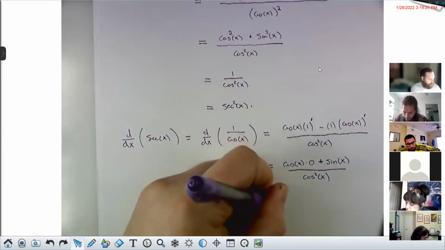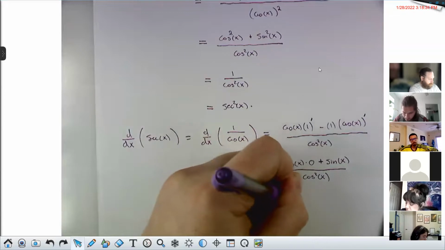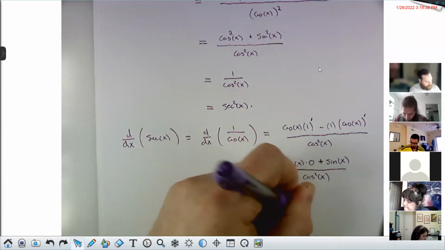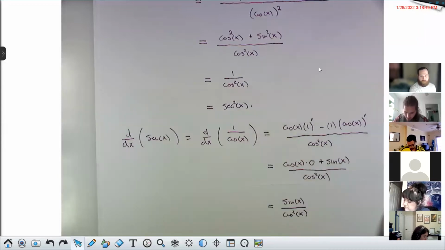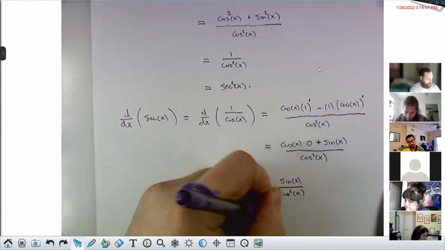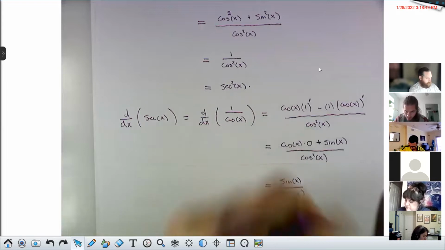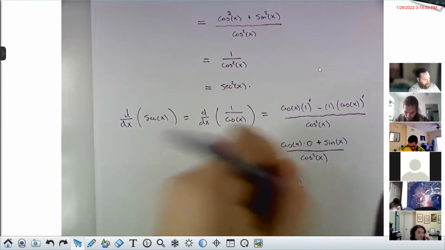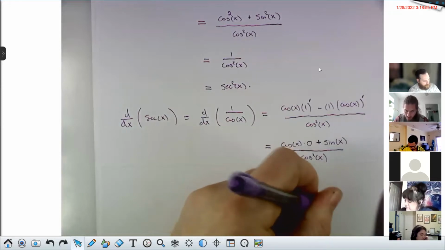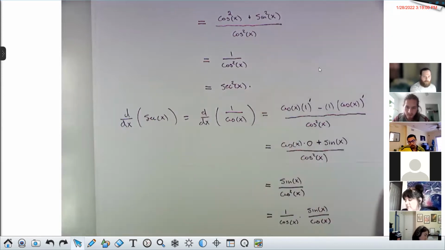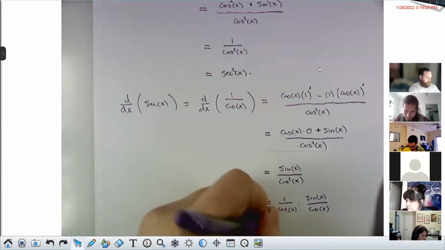Of course, cosine x times 0 is 0, so you get sine x over cos squared x. And like the last one, nobody would leave it like this. That is the same as 1 over cos x times sine x over cos x, or secant x tangent x.